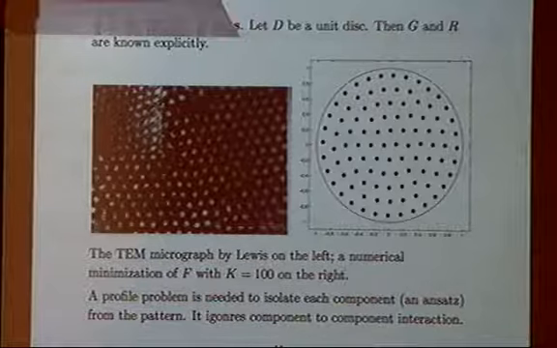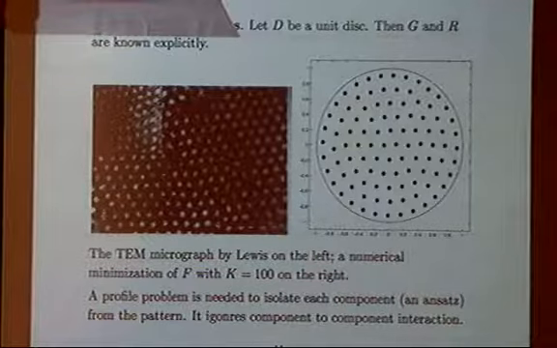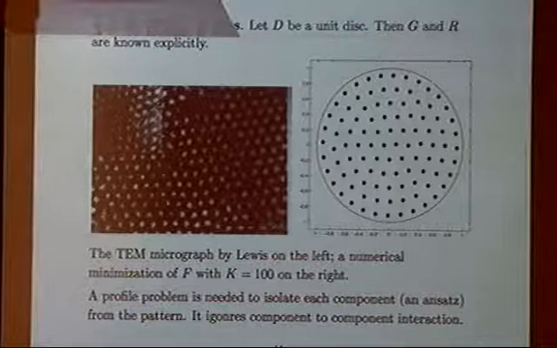So the important thing is first to identify a profile problem, and then try to find a solution to that profile problem. And such a component, a solution to the profile problem, I call an Ansatz.